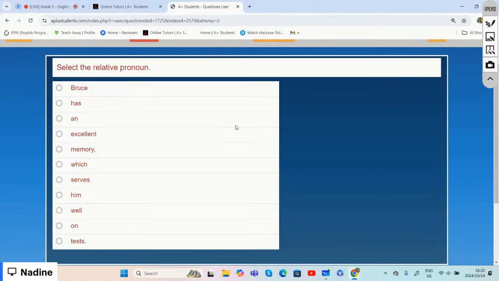We need to choose the correct relative pronoun.